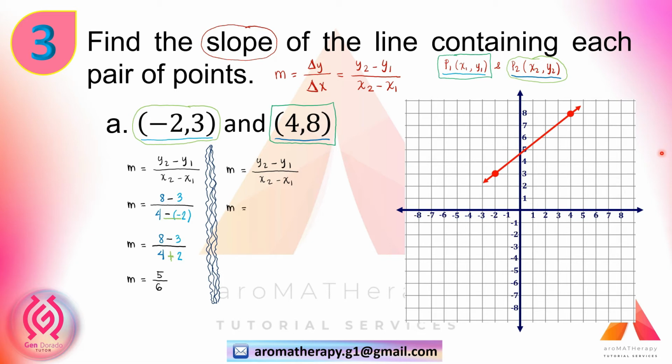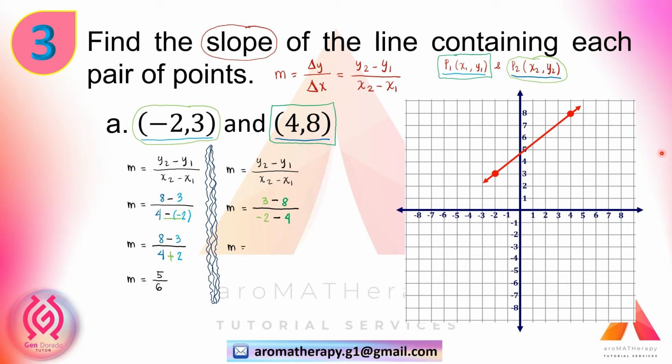So we write M is equal to 3 minus 8 over negative 2 minus 4. Again, recall your lessons in solving integers.